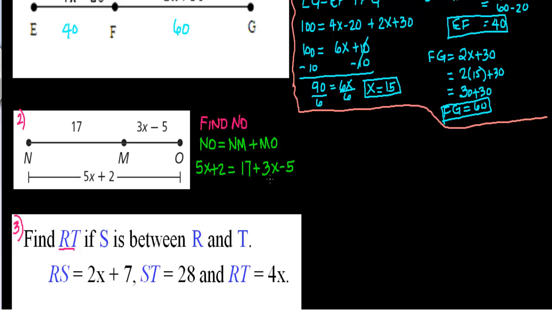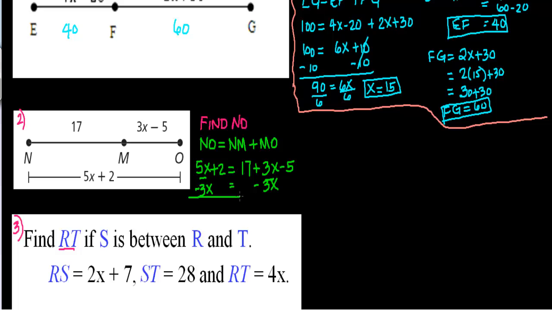Notice I have variables on both sides of the equal sign. So how do we join them? I take the smaller of the two variables and I subtract it. So 5x and 3x, the smallest one is 3x. So this is what I'm going to do. I'm going to subtract 3x from this side of the equal sign, and I'm going to subtract 3x from this side.